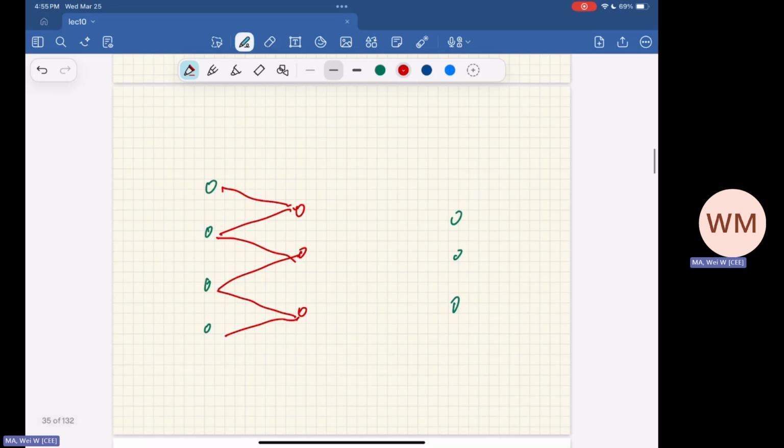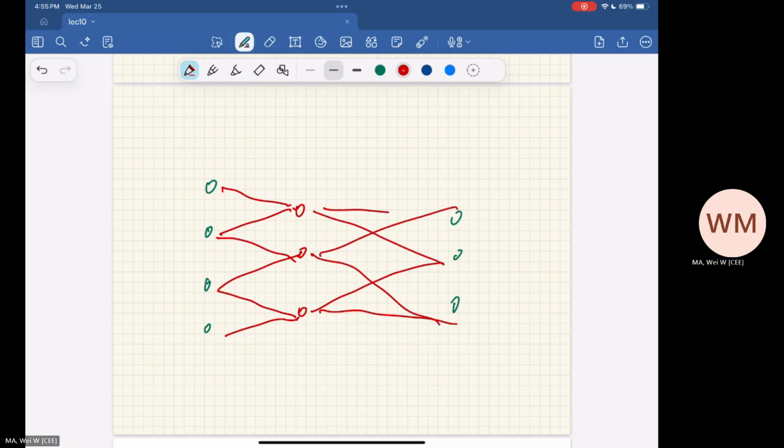And similarly, I can do something like this. So you just do it arbitrarily, it's okay, right? So you make your own decision which to connect, which to not connect, and how many layers, how many neurons. As long as you make your decision, you get a new neural network.